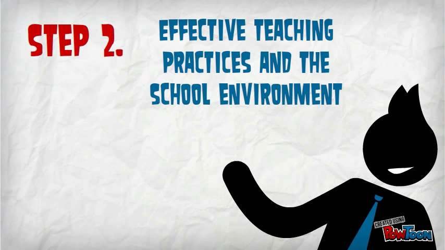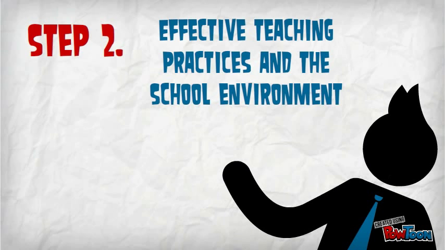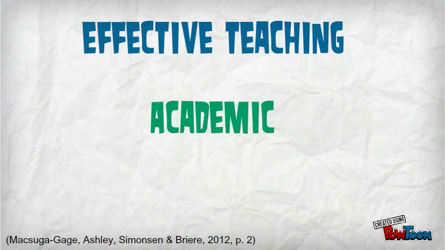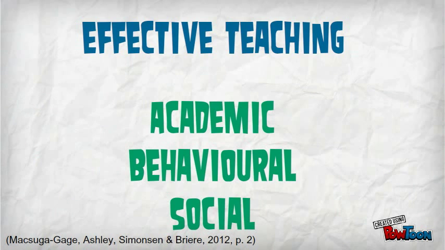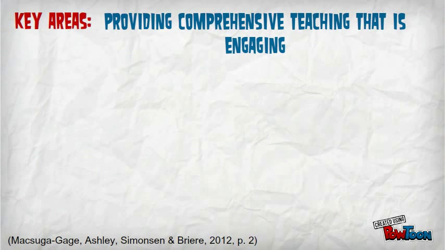The next step is to combine your knowledge of pastoral care to enhance effective teaching practices and the school environment. Effective teaching encompasses academic, behavioral, and social elements that create and encourage a positive classroom environment. Key areas of effective teaching are providing comprehensive teaching that is engaging.